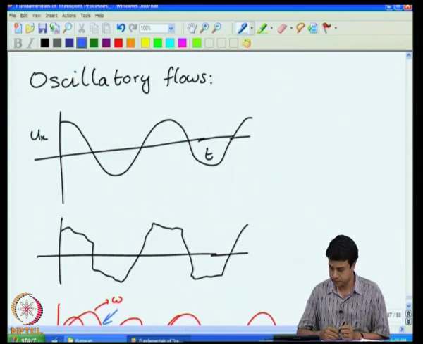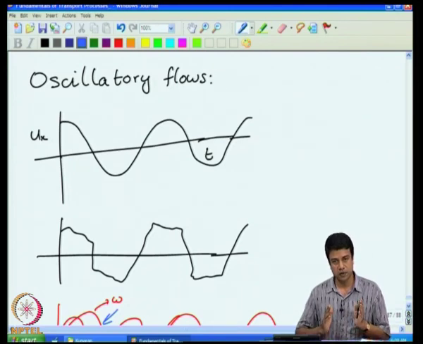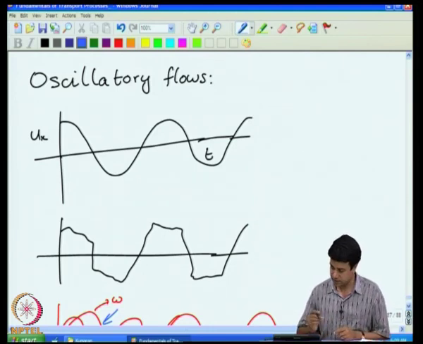Okay, so in that sense it is more general. All I require is that the bottom plate velocity should be periodic in time with the frequency omega. Once that condition is satisfied, it does not matter what the waveform is, I can always apply this solution procedure. Okay.